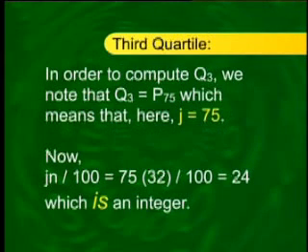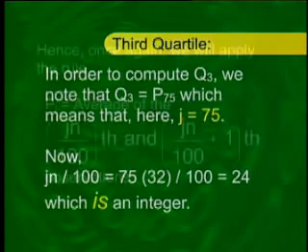Similarly, in order to compute Q3, we note that Q3 is the same thing as P75, and therefore, we are talking about j is equal to 75. And hence, jn over 100 comes out to be 24, and that is also an integer.